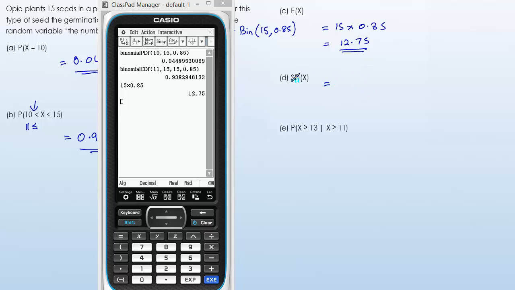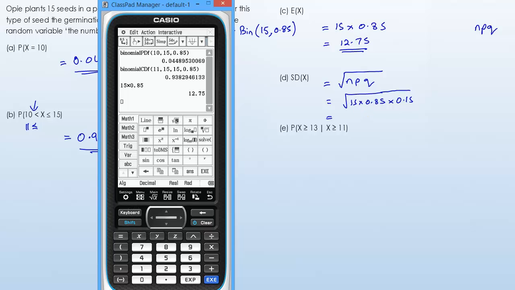So SD of x, well, we know the variance is npq, so the standard deviation is root npq, which is the square root of 15 times 0.85 times the probability of failure, which would be 0.15.